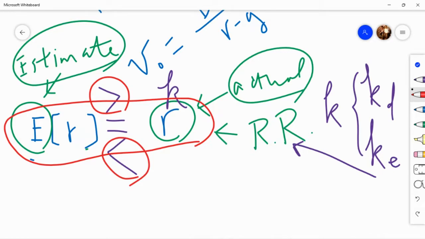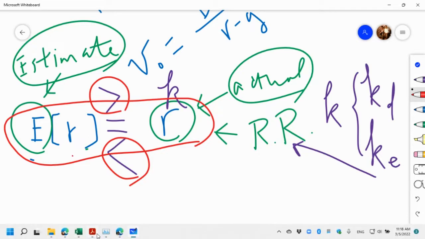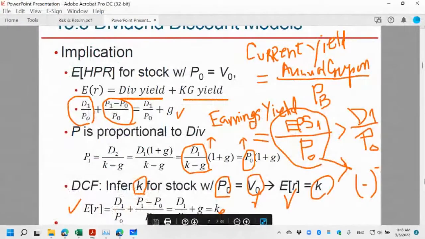The reality is the expected return and required return are not the same. And so that brings us back to this.